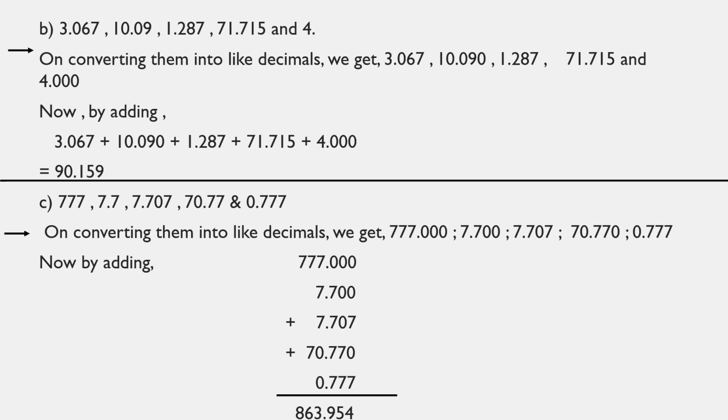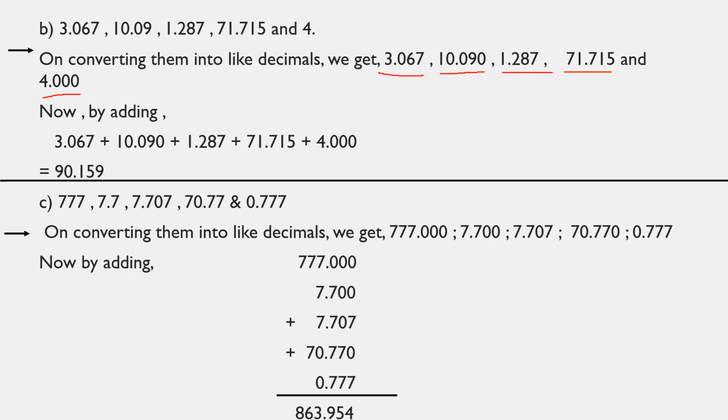So first number will remain as it is, that is 3.067. Okay, then second number will be 10.090. We can add 0 over here to make third place, right? Then 1.287 and here 71.715, and then this 4 we can write like 4.000, right?